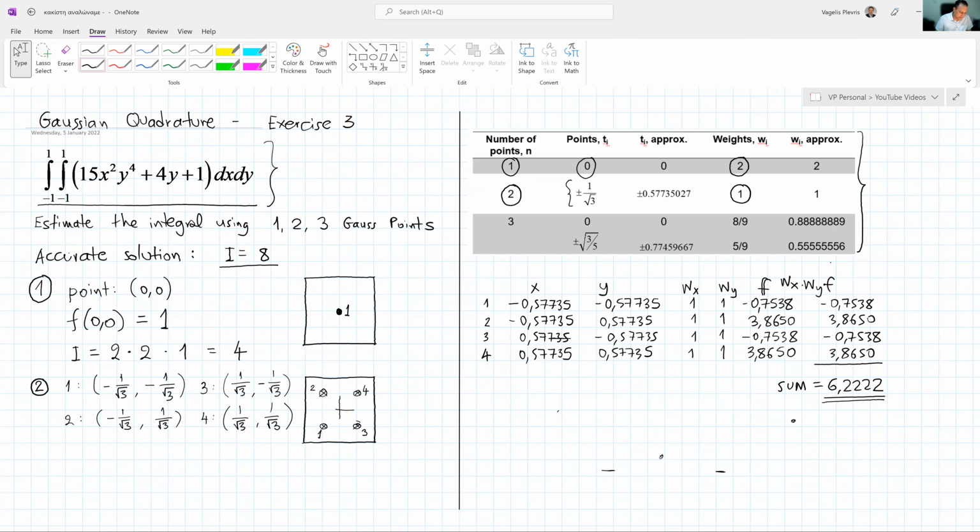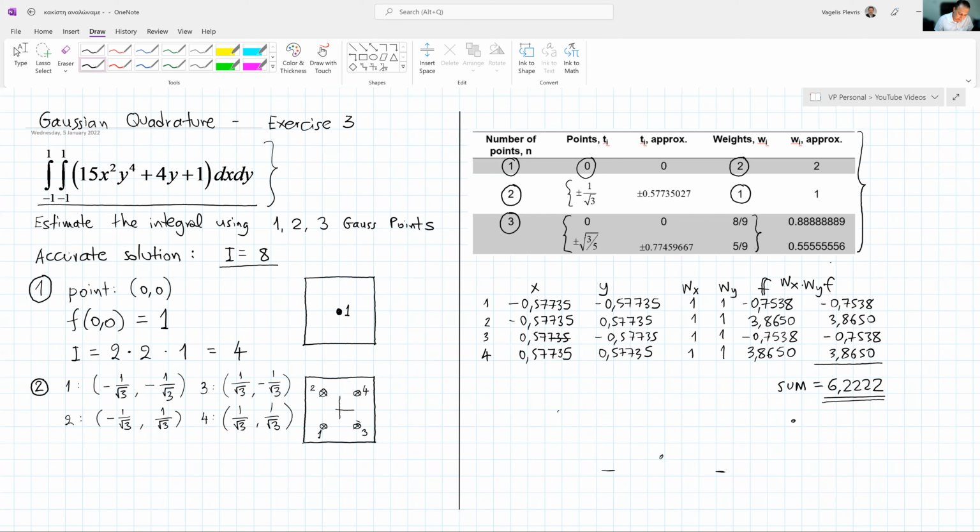So we move on, and now we will use 3 Gauss points per direction, and we have these 3 values for x, and these 3 values here for the weight. 8/9 for the 2 points, the minus and the plus, and 5/9 for the middle point in the center.